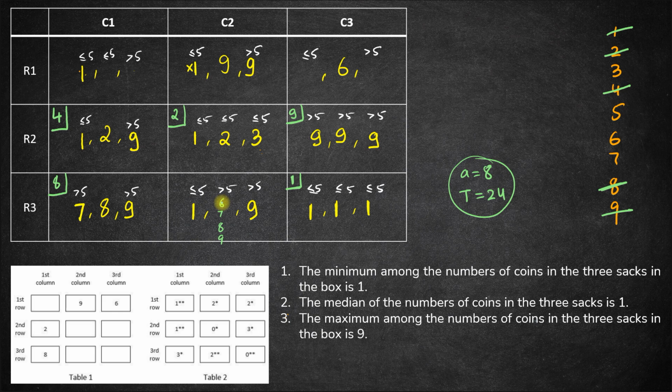Now 10 plus 6, 16 is not a multiple of 3. 10 plus 7, not a multiple of 3. 10 plus 8 is a multiple of 3. So the only multiple of 3 you can get over here is when you have a 8 over here. Okay. So this has to be 8. So the total now comes out to be 18. So if the total is 18, the average will be 18 by 3, which is 6. So the average here will be 6.